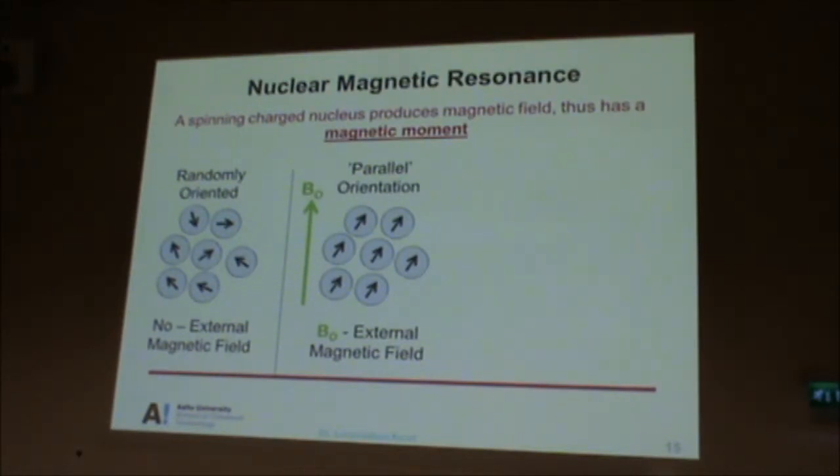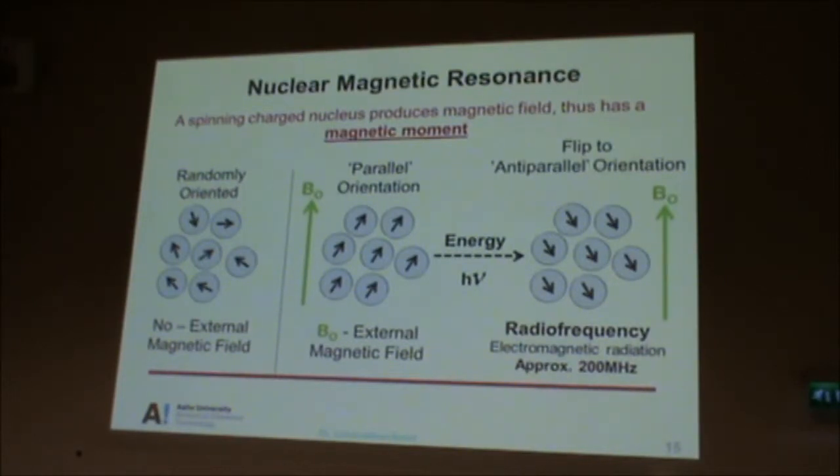When you apply a magnetic field in this direction, the magnetic moment forces the nucleus to align itself with the magnetic field so that it doesn't experience repulsion. This orientation is called the parallel orientation, where in the presence of the magnetic field, all the nuclei are pointing in the same direction.